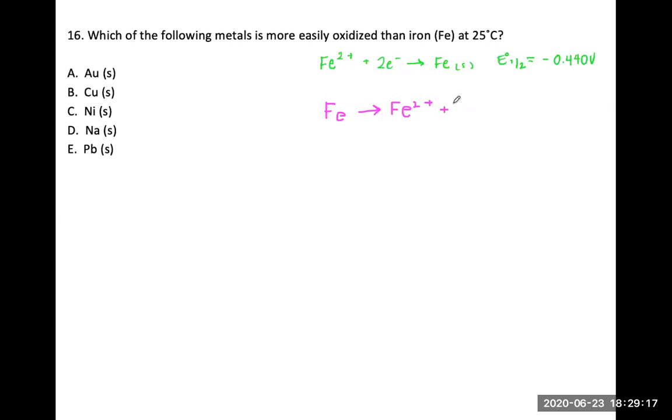What we're trying to find is if anything will have a more positive oxidation half reaction potential.